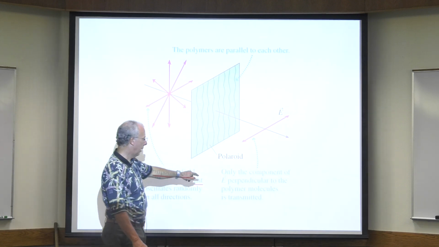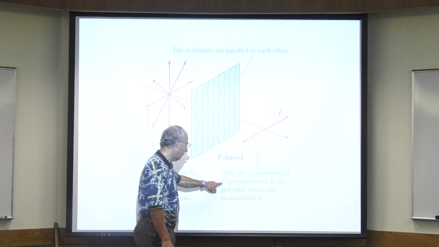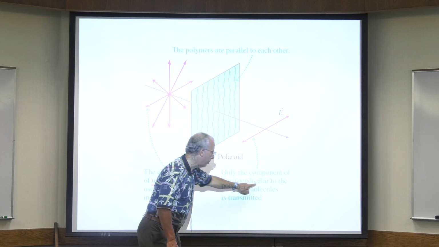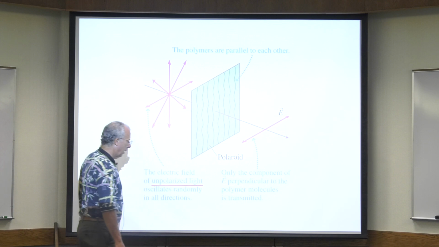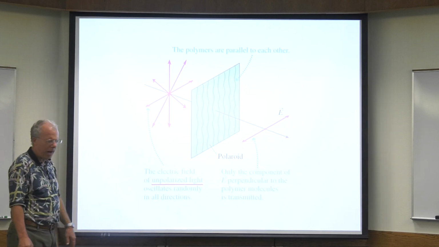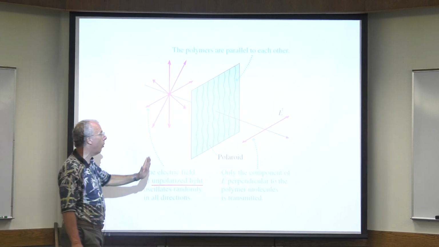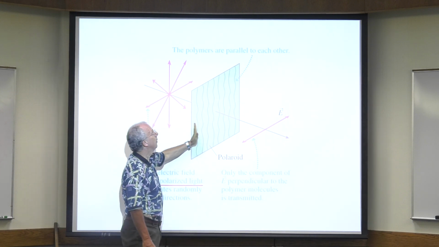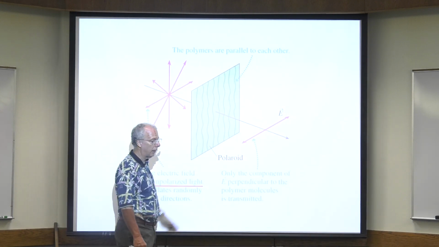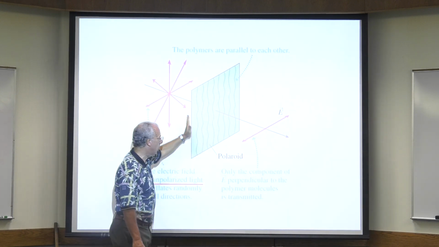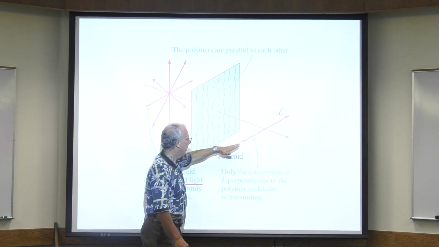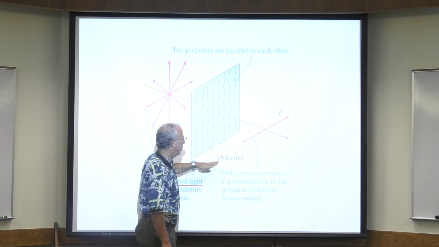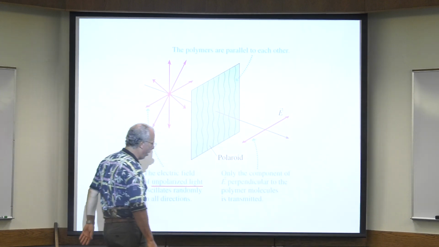So let's read it: only the component of the electric field perpendicular to the polymer molecules is transmitted. How come? Well, because the other ones are absorbed by the polymer molecules, all right? So all of the light is absorbed except for the light where the direction is perpendicular to the polymer. Okay?